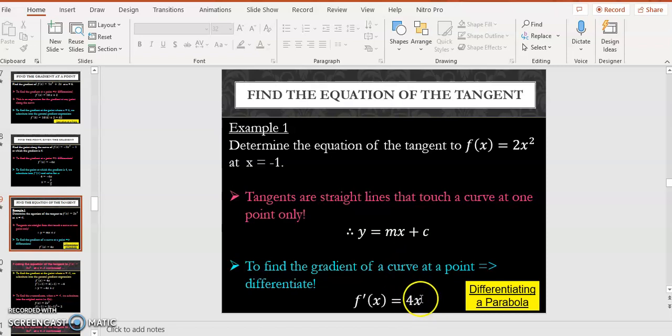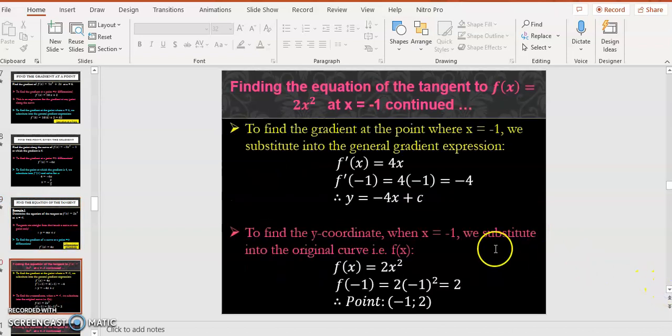That x is a variable, and they've given us that value, which is -1. So when you substitute it in, you get a value, which is -4. That is the m. So -4x plus c. We need to find the c. How are you going to find the c?